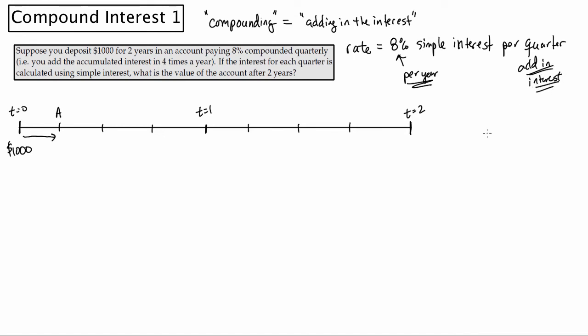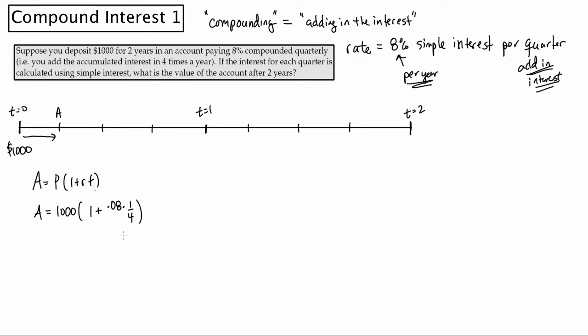The way to do this using our simple interest formula is, remember that A equals P times 1 plus RT. For the first quarter, we would have A equals 1,000 times 1 plus 8%, compounded quarterly would be 1/4.